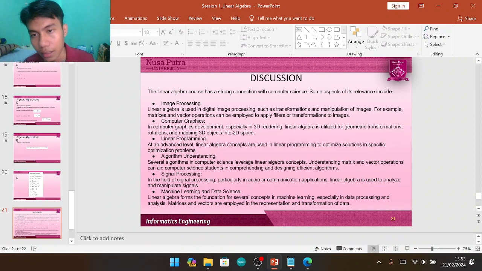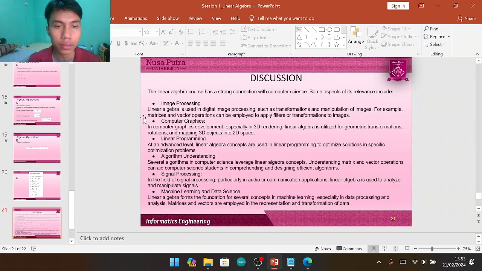Some aspects of its relevance include image processing or computer graphics, linear programming and algorithm understanding, signal processing, machine learning, and data science, and also a lot of strong connections between linear algebra and informatics.